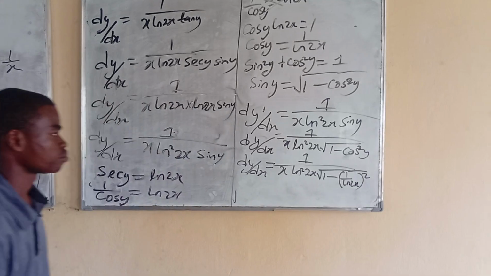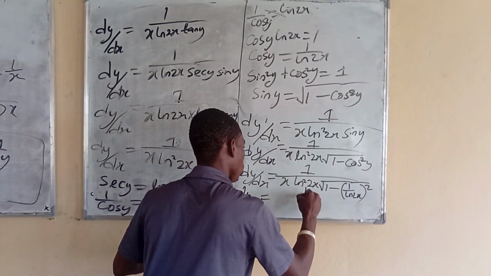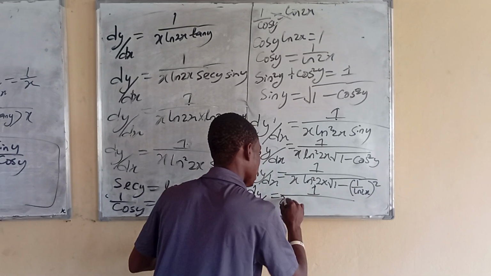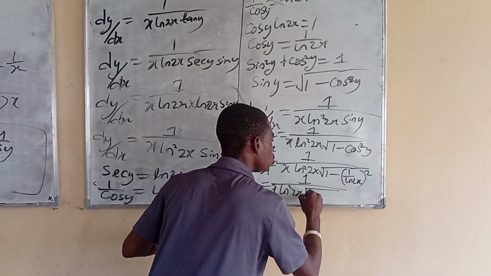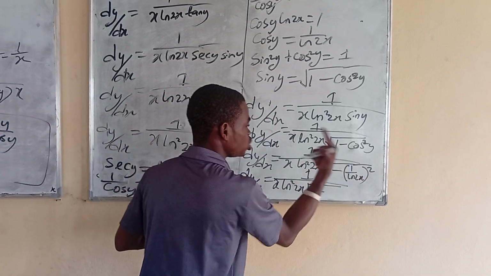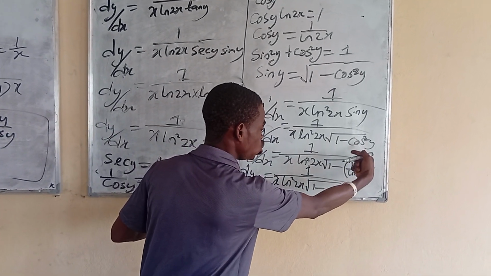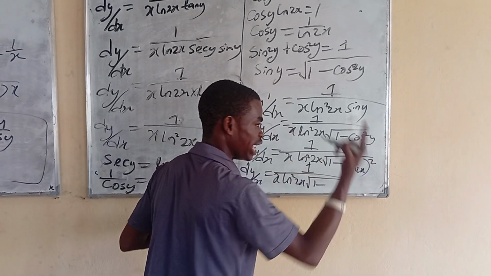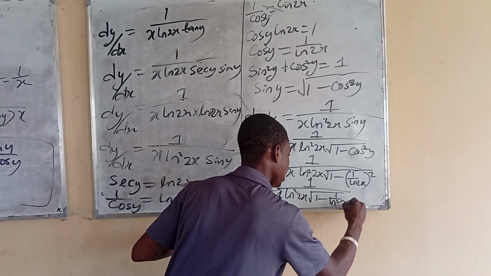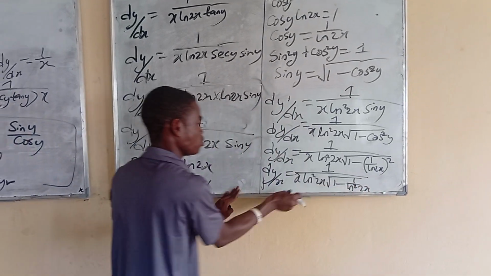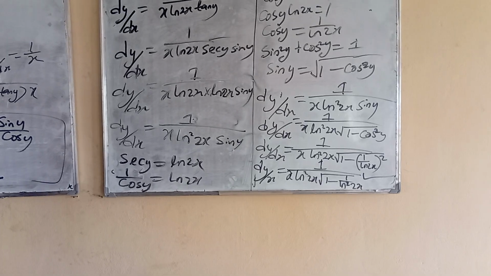So dy over dx equals 1 divided by x ln squared 2x times the square root of 1 minus 1 squared, which is 1. Then 1 over ln 2x to the power 2 is just 1 divided by ln squared 2x. So this is your final solution to the question.